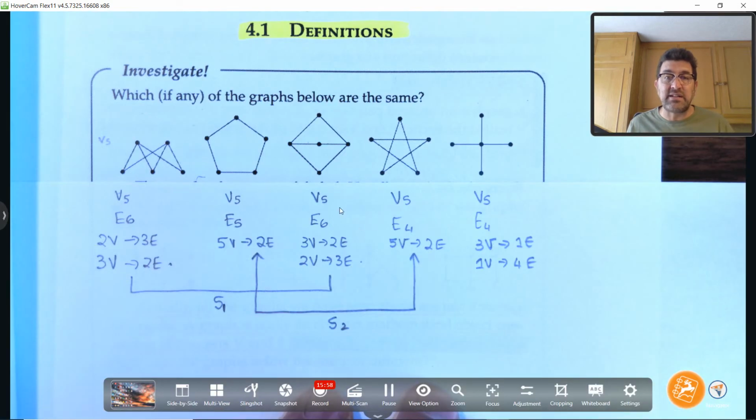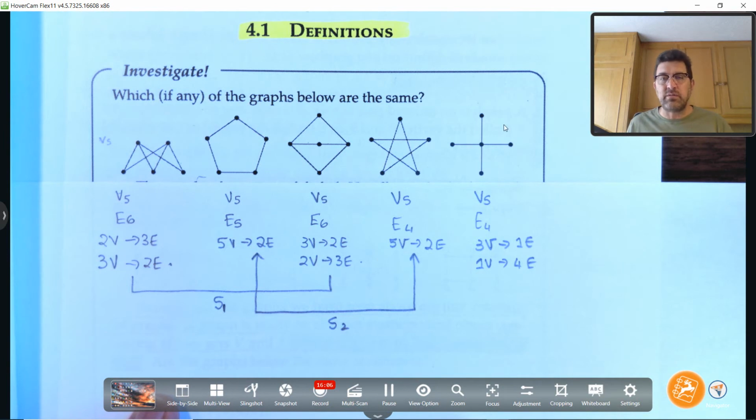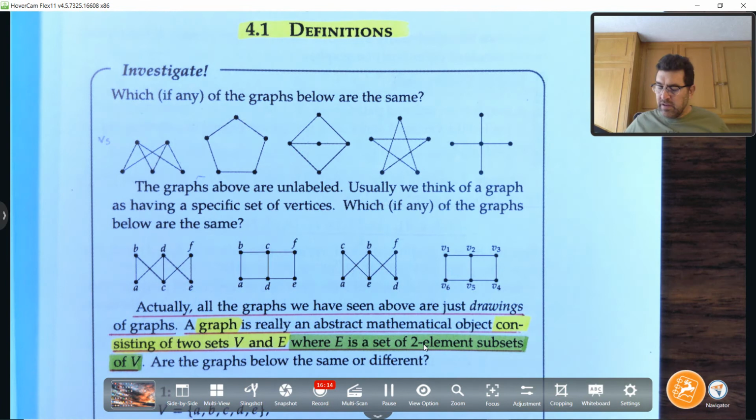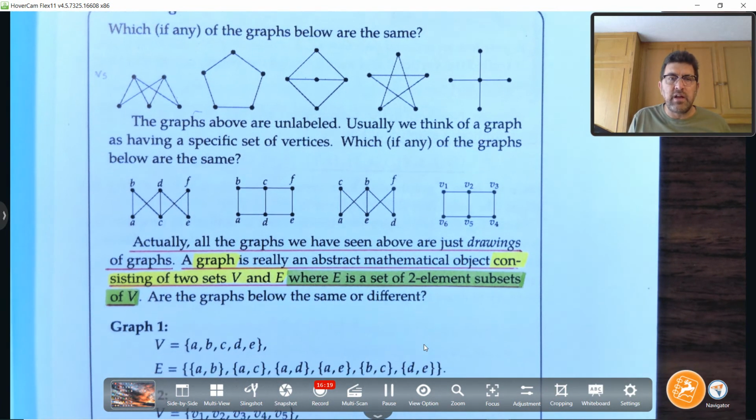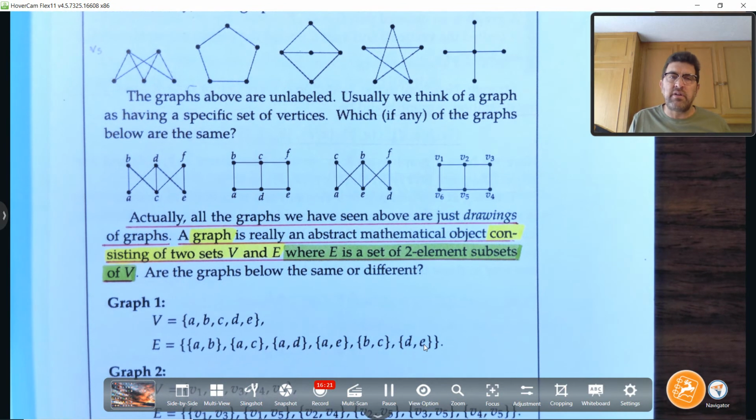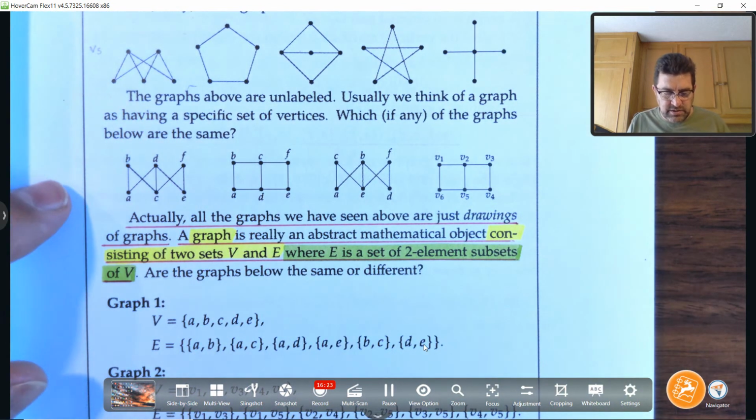Okay, so that tells us a lot. That says to us that our suspicion here was indeed correct, that those two are the same. This is the lone wolf. It's not the same as anything else that we have there. Okay, let's move down here. Here they ask us, are the graphs, okay, the graphs above they say were unlabeled, we're not interested in that.